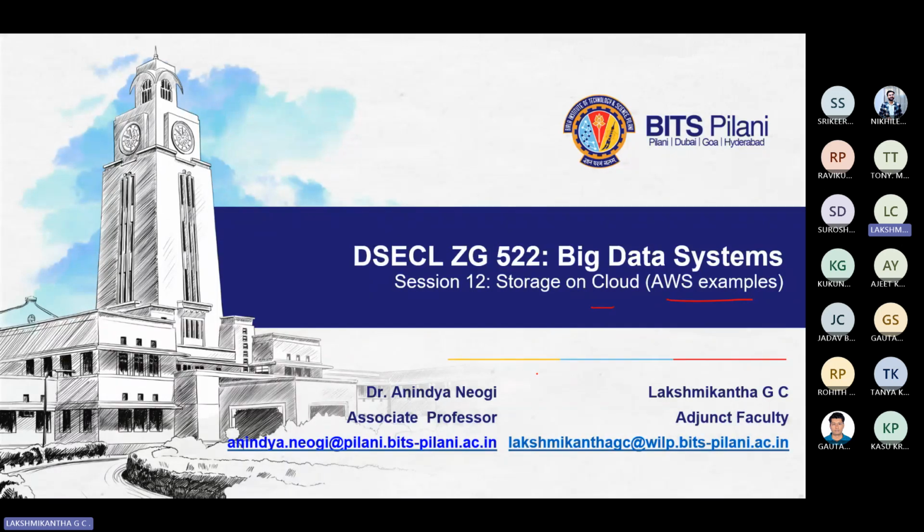Because they offer the most comprehensive and diverse set of storage services, which clearly illustrate the trade-offs between performance, cost, and durability. Guys, in the big data world, you can no longer use a single type of storage. You need a polyglot persistence strategy. So that is what we will be exploring now.